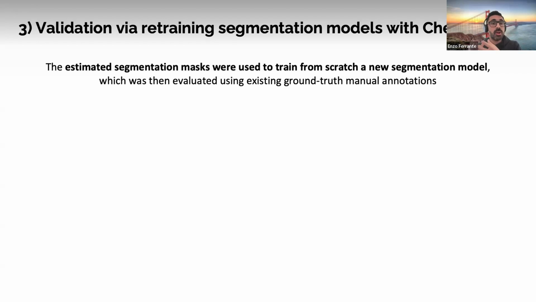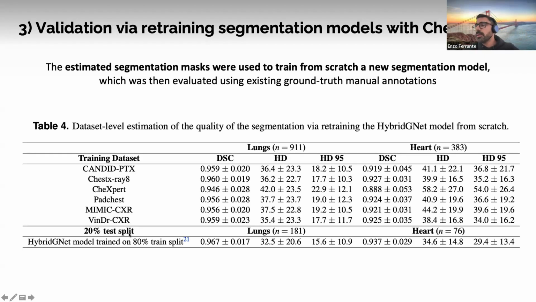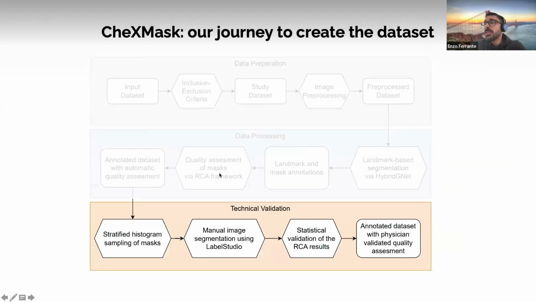We will be using it to train a model and then segment back our images for which we have ground truth. And we did that, and that provided, again, very high dices, meaning that the segmentations we are producing for these datasets for which we don't have ground truth are of pretty good quality, because when you segment images for which you have ground truth, you get this kind of very high dice coefficient here. So with that, we were happy. We had 3 different ways of validating this bunch of segmentations that we generated and released.